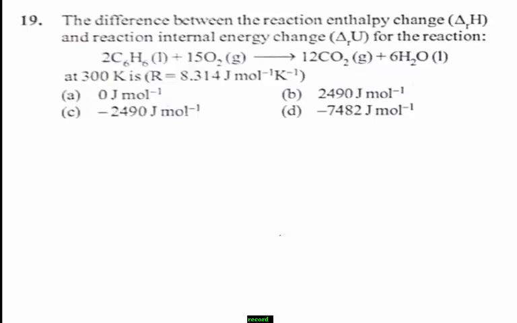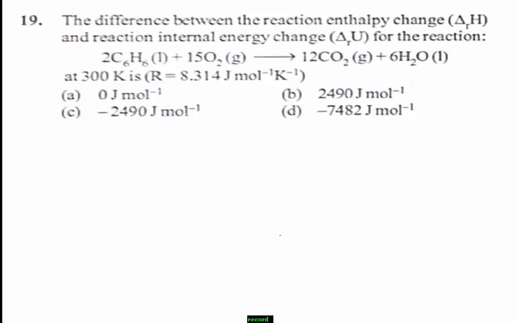Then we get 12 moles of CO2 and 6 moles of H2O at 300 Kelvin temperature, and the value of R, the gas constant, is given as 8.314 joule per mole per Kelvin. Calculate this one. Your given options are option A 0 joule per mole, option B 2490 joule per mole, option C minus 2490 joule per mole, and option D minus 7482 joule per mole. That's how you calculate this.